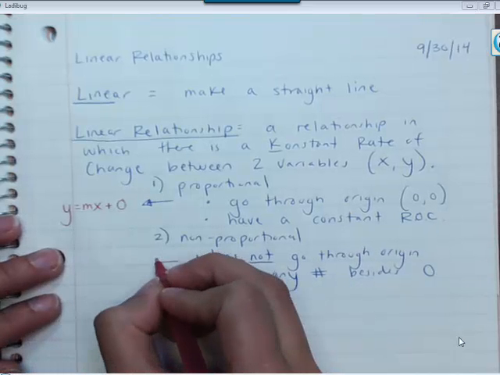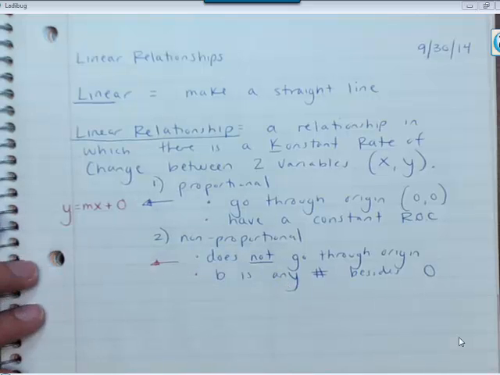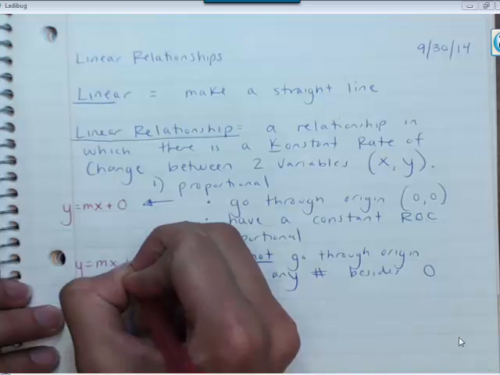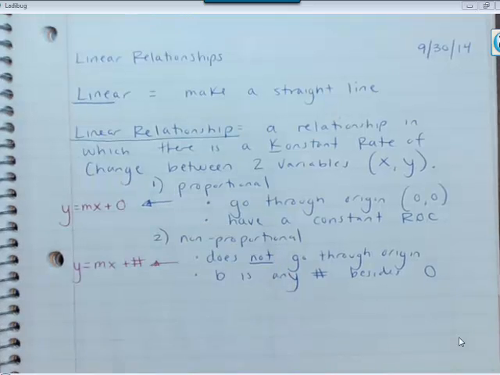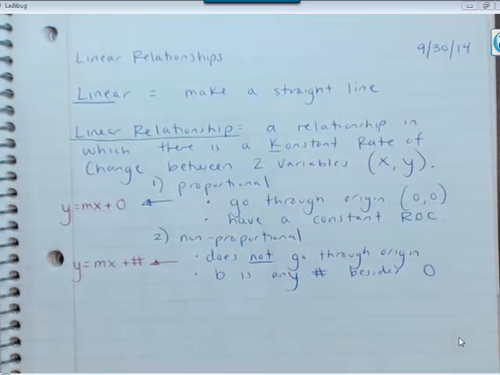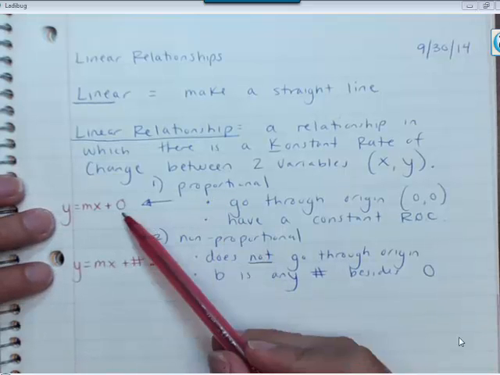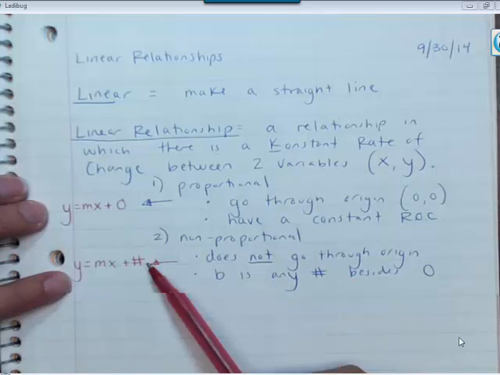So this would mean y equals mx, and it could be plus a number, any number, plus or minus, doesn't matter. So everything is going to be a linear relationship. It's either proportional when the b is 0 or non-proportional when the b is a number.